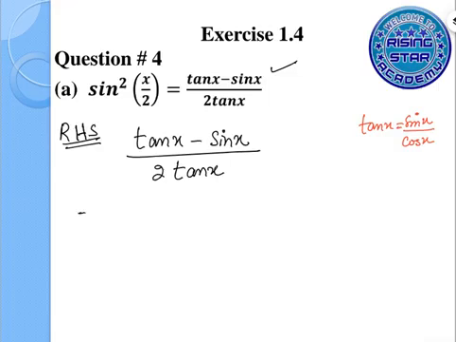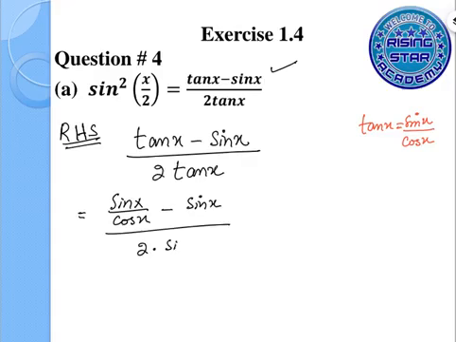Let's write sine of x over cos x minus sine x divided by 2 times sine x over cos x. In the next step, I will make a fraction, so we can write it sine x over 1, because sine x over 1 is sine x. It would help us to make the LCM.